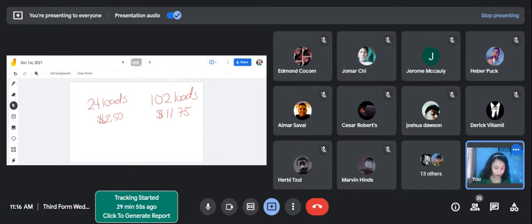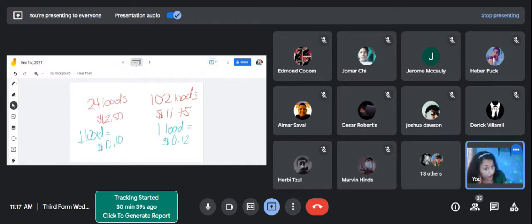So 250 divided by 24, and then I get that each load, so one load, is equal to approximately 10 cents. And then I'm going to do the same thing with the other one. I'm going to take 1175 and divide it by 102, and I get that one load is equal to 12 cents.